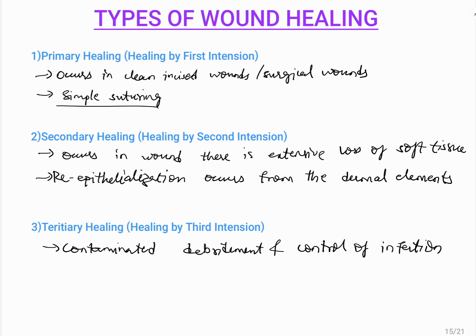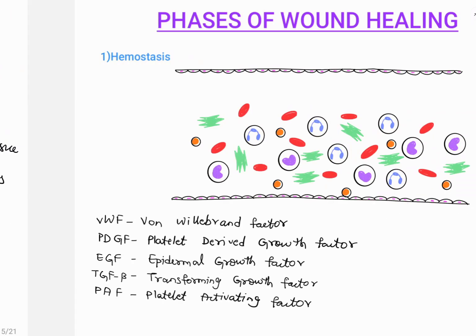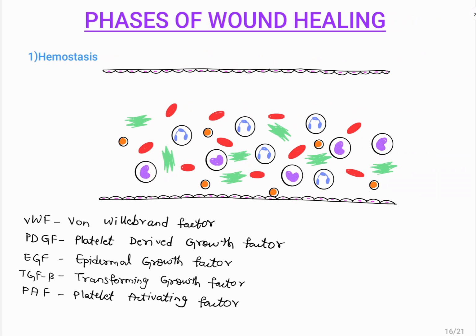The simple difference between primary healing and tertiary healing is that tertiary healing occurs by simple suturing, but in the wounds which are contaminated and where the debridement and control of infection has been done. Now let's move on to the next part of the video, that is phases of wound healing.